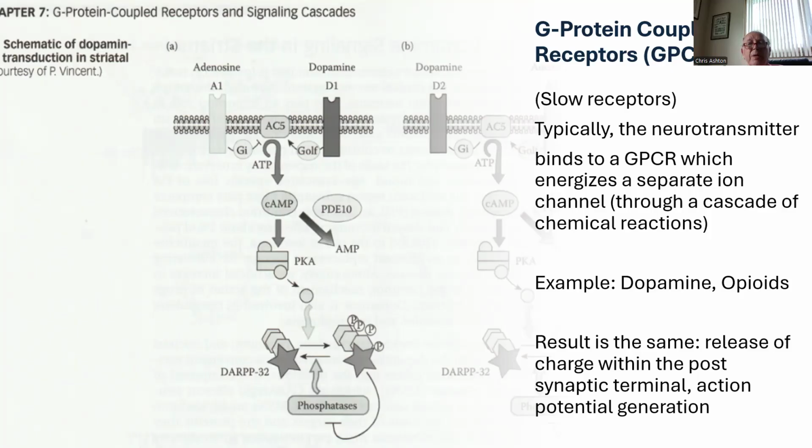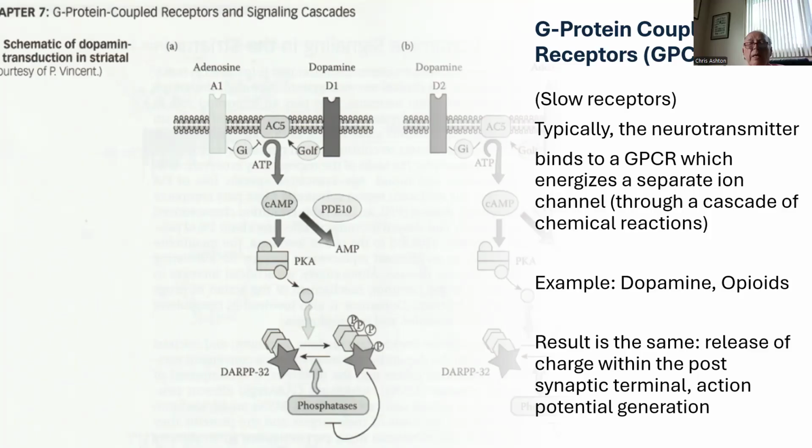And slow receptors, this is where dopamine and addictive substances work. Let's take cocaine.